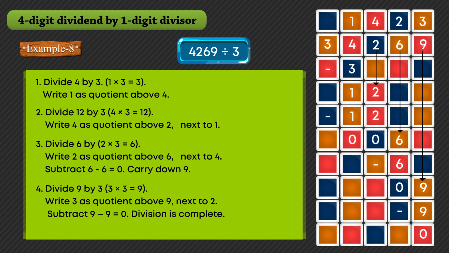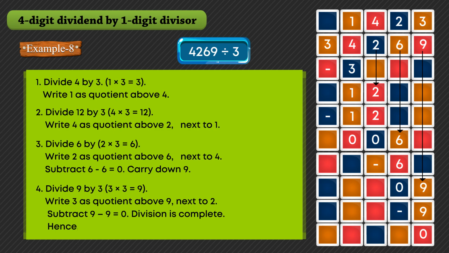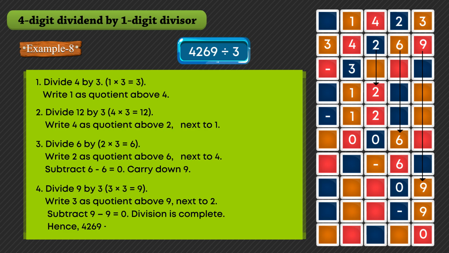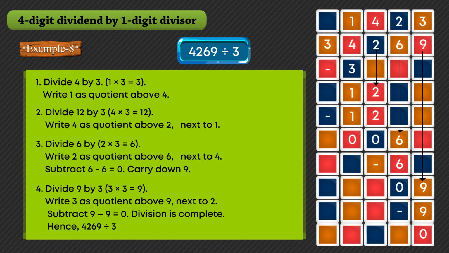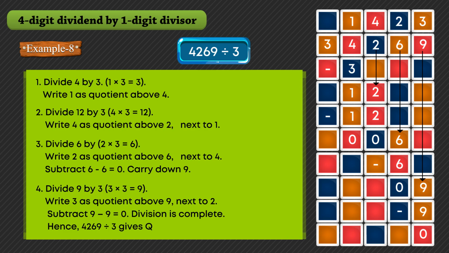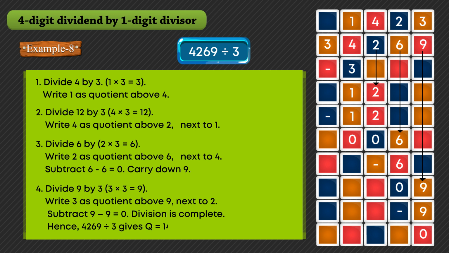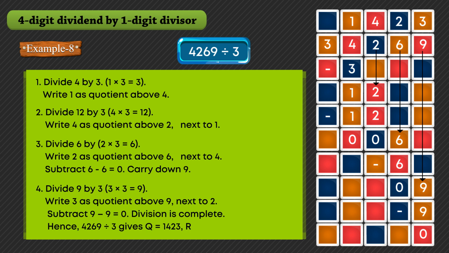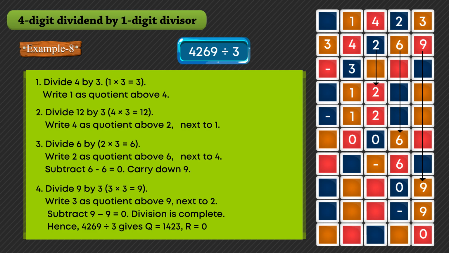Division is complete. Hence, 4269 divided by 3 gives quotient is equal to 1423. Remainder is equal to 0.